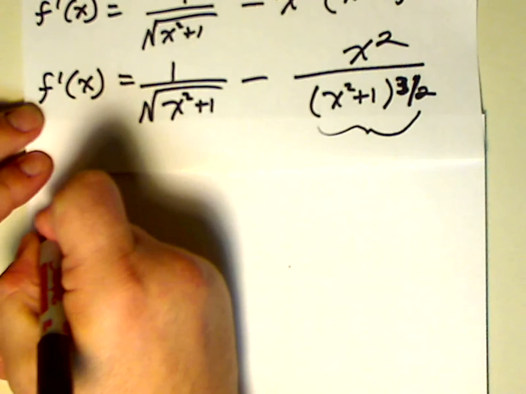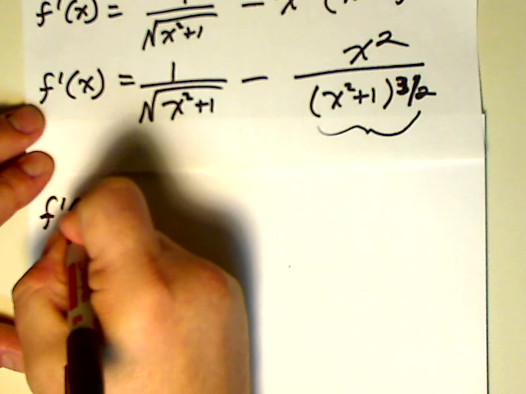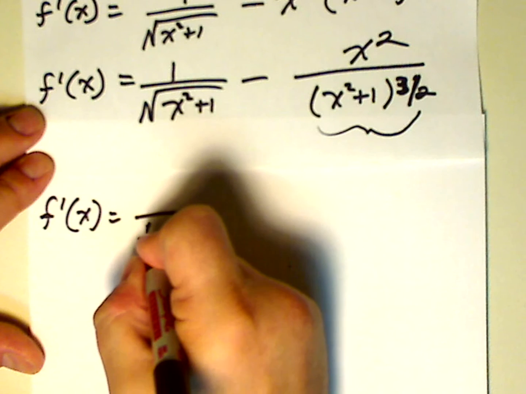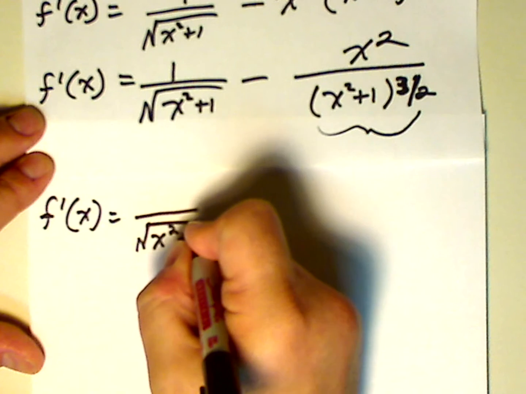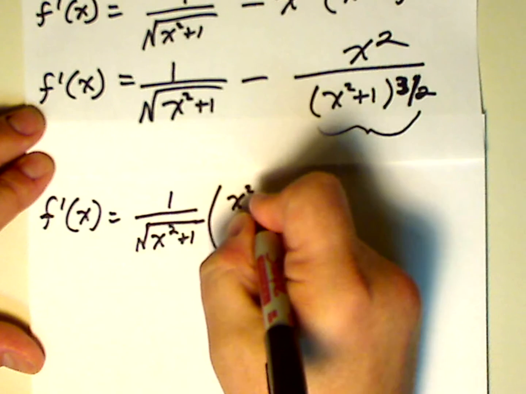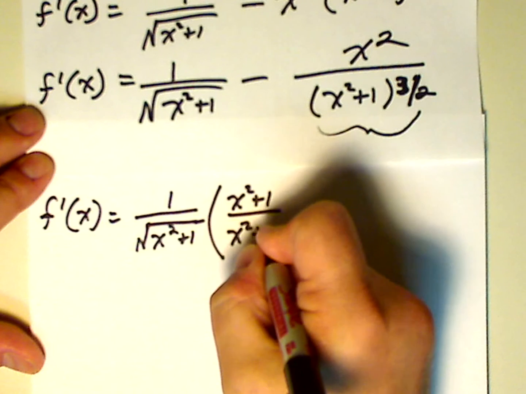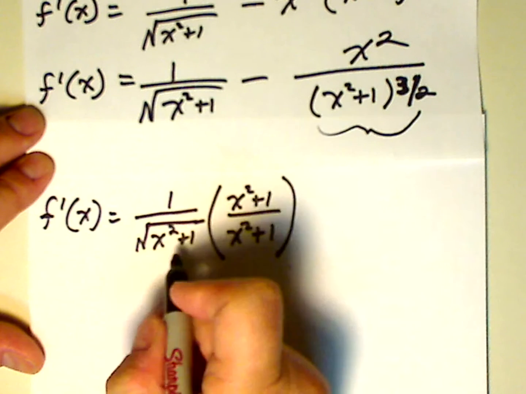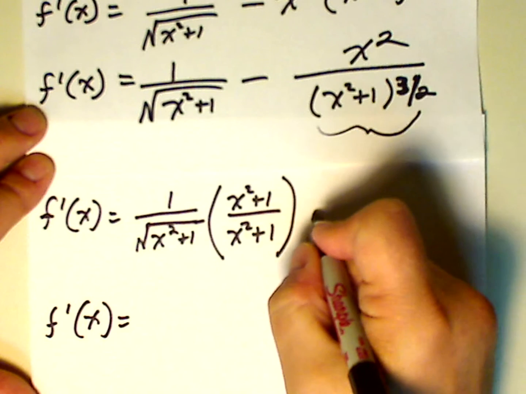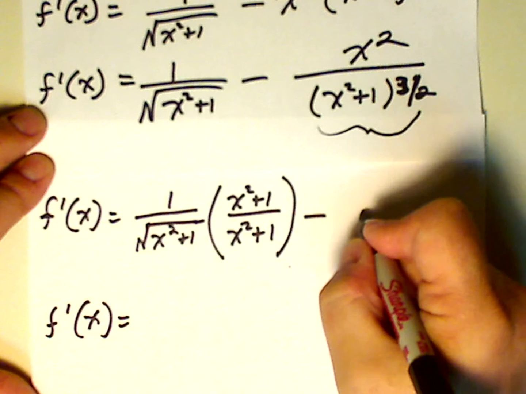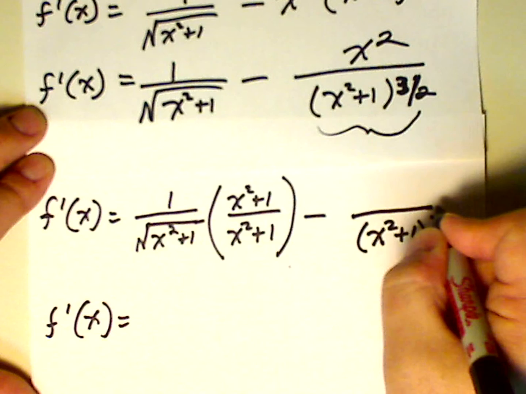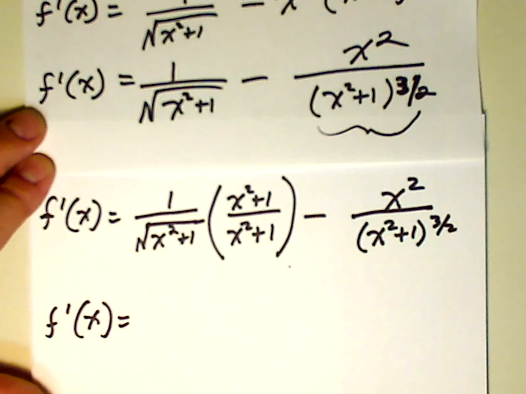So I'm going to take f prime x, the derivative, is x squared plus 1 over 1, and we're going to multiply this by x squared plus 1 over x squared plus 1, minus x squared over x squared plus 1 to the 3 halves.